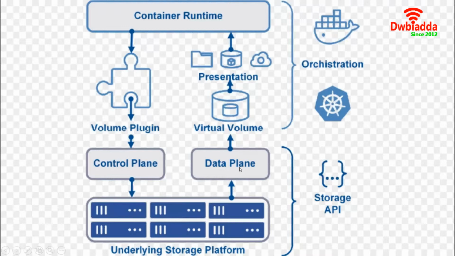And from the data plane, the virtual volume is also fetching the data. This process is called the storage API. So it consists of two processes, orchestration and the storage API, and these two processes make up the basic functionality of a Docker volume.